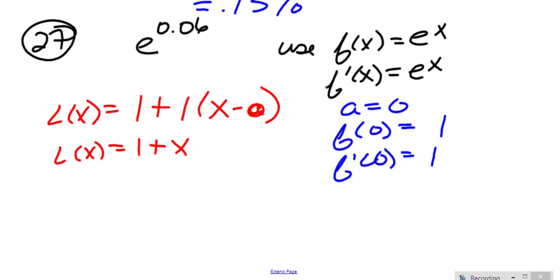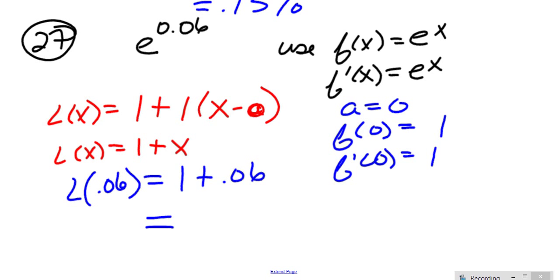If I want to evaluate what e to the 0.06 is, it's really 1.06. So without a calculator and trying to approximate this, we see that e to the 0.06 has a value of approximately 1.06.